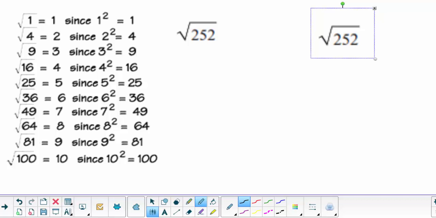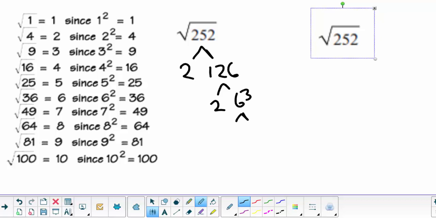So again, let's take a look at 252. And again, I kept the perfect squares over there for us to keep track of what we're doing here. Hopefully the first thing you see if we do a factor tree is that this number is even. So we can divide it by 2 and we get 126. Well, 126 is even, so we can divide it by 2 as well. That leaves us with 63.